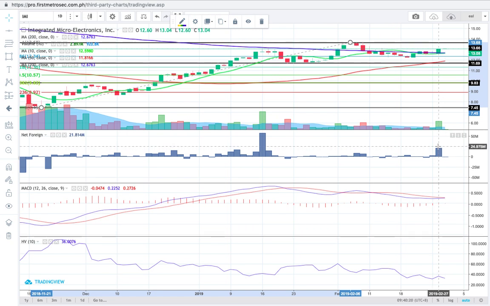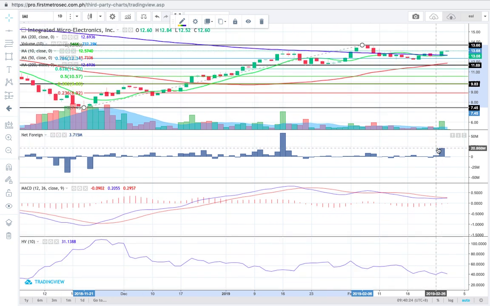Support is at 11.70. For the risk level of IMI, it still has the low risk level.